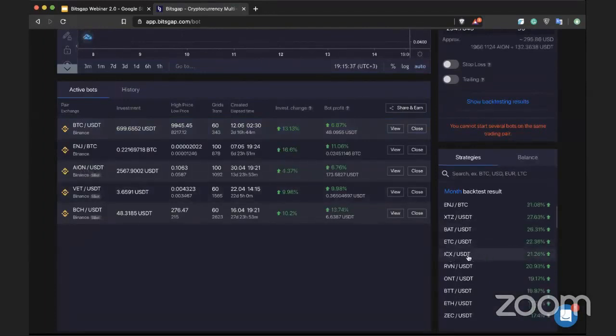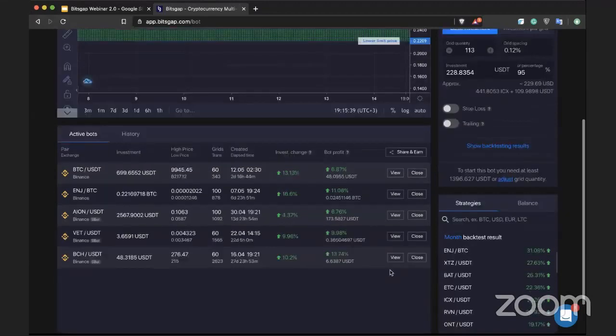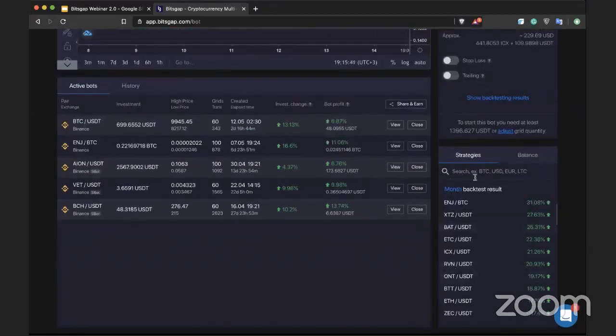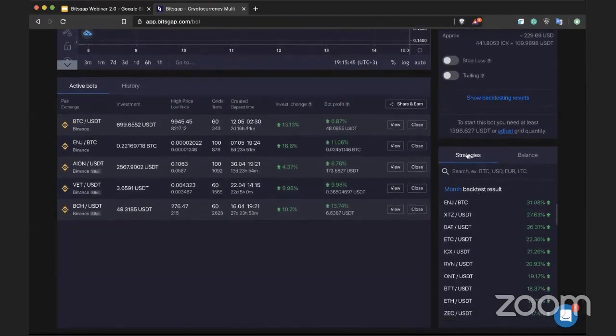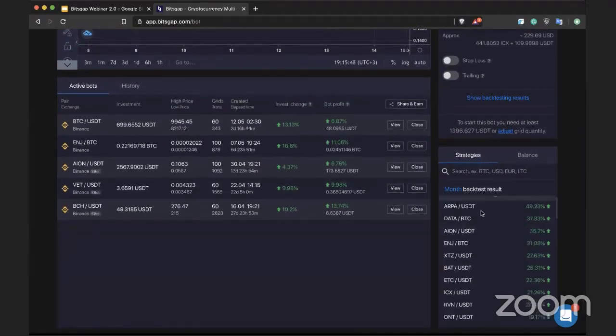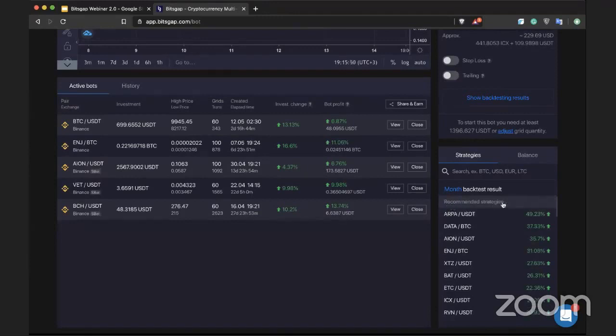That's the right bottom panel that I have on the Bitsgap page. And here you can see that I have strategies. Some of the strategies are recommended, and I will specify what this is all about a little bit later, so stay tuned with me.